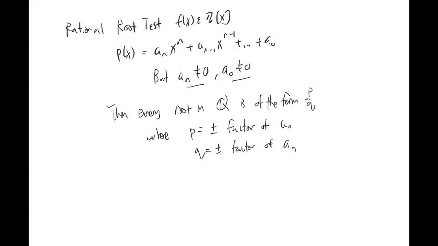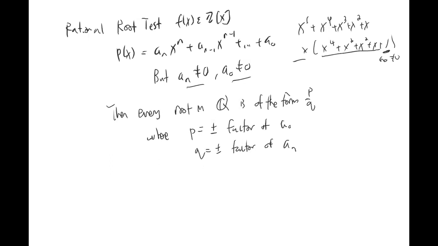Like if this was x to the 5th plus x to the 4th plus x cubed plus so on, so this is a_1. If a_0 was 0, I could factor the x out and consider this new polynomial, where a_0 is not 0 now. Because in this case, we already know x equals 0 is a root.